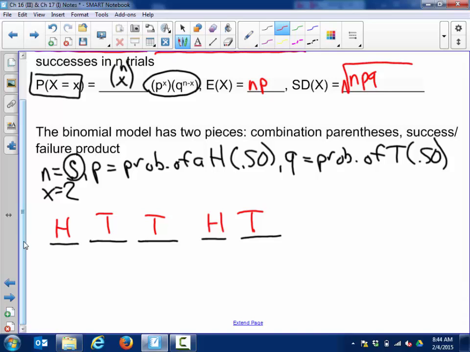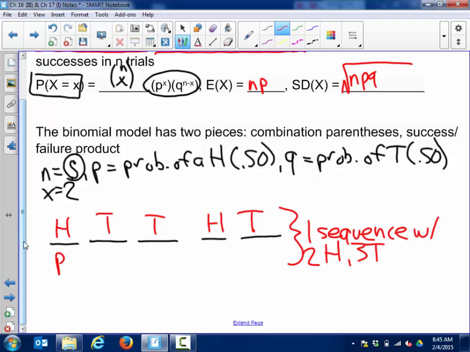But regardless of where the 2 heads fall in these 5 situations, the probability of one sequence with 2 heads, 3 tails will always be found as follows. That's a P, a success, times a failure, times a failure, times a success, times a failure.